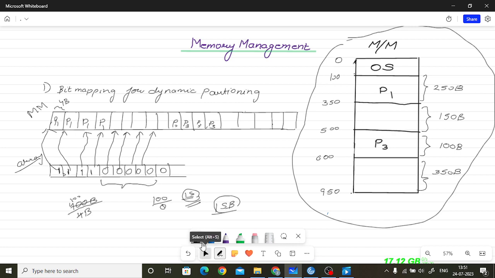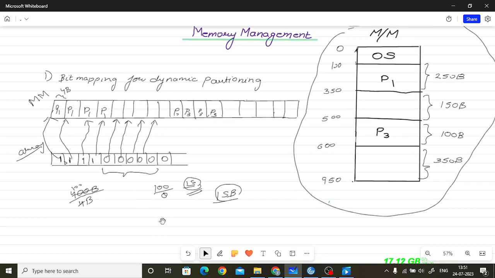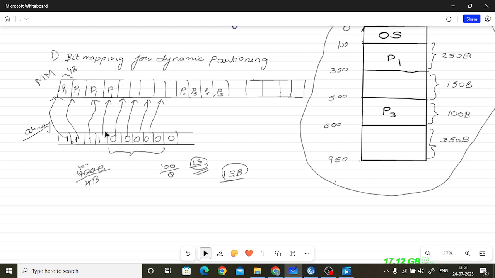So what if we take the size of the allocation unit as some larger value? In place of 4 byte, we will take 32 byte, so each allocation unit will be of size 32 byte.